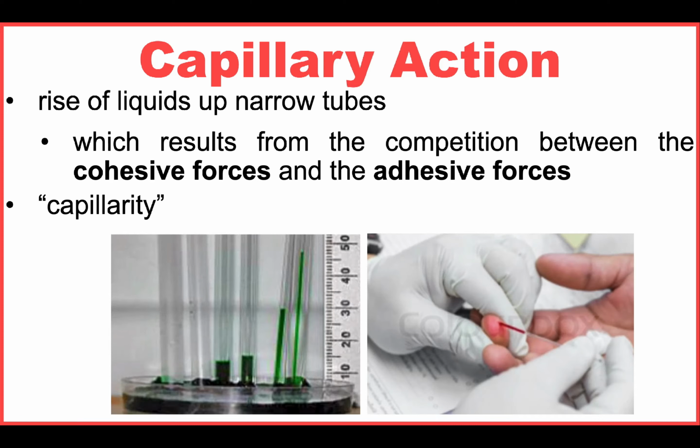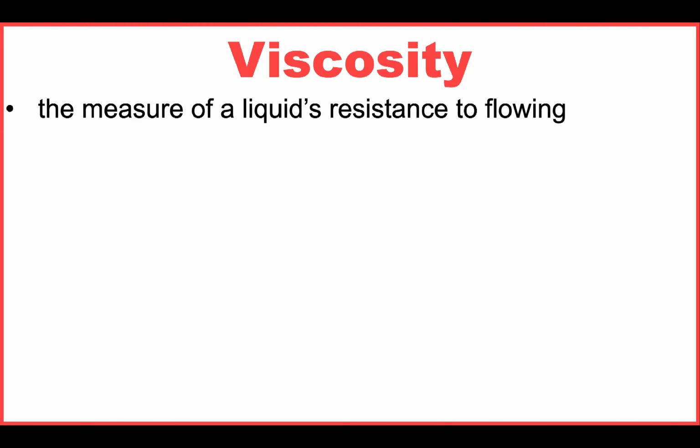Remember that the surface tension causes the film of water to contract and pulls the water up the tube. So surface tension and capillary action go together. We also have viscosity. Viscosity is the measure of a liquid's resistance to flowing.